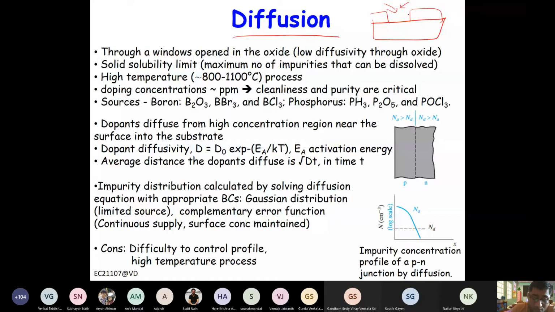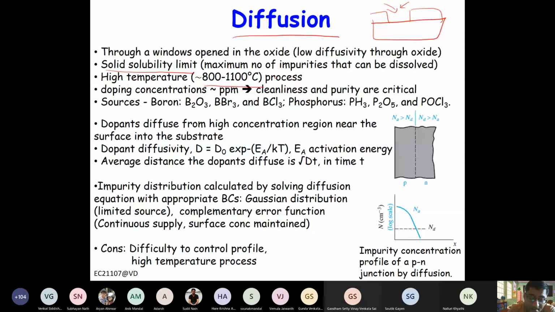Of course, because it's a chemical process, there is a limit to how many impurities you can diffuse through it, and that limit is called the solid solubility limit. We will not have such a limitation in ion implantation. So there's a maximum impurity that can be dissolved. If you do it at high temperature, you will be close to the solid solubility limit. That's why the process is done at high temperature, typically 800 to 1100 Celsius.